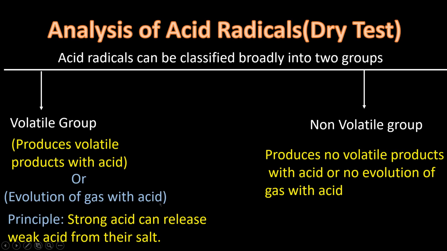Now for this volatile group, the principle is, of course, I'll discuss step by step in the experimental part. The principle is strong acid can release the weak acid from their salt. Based on this principle, these volatile group reactions are performed.